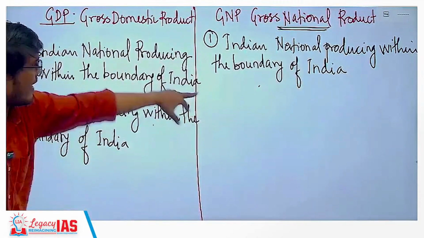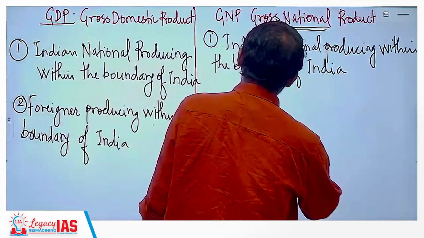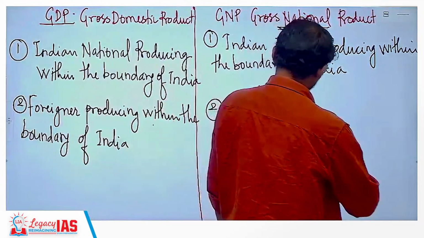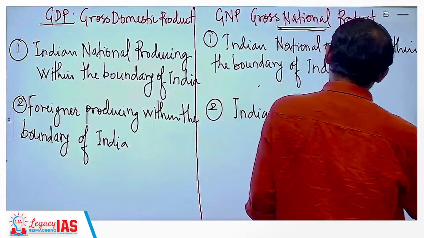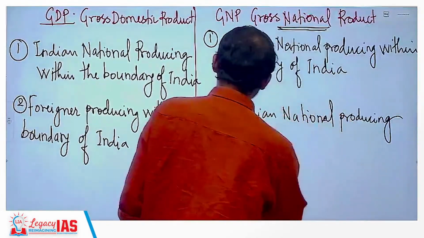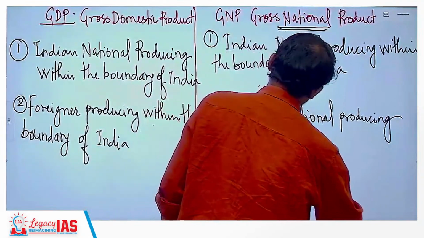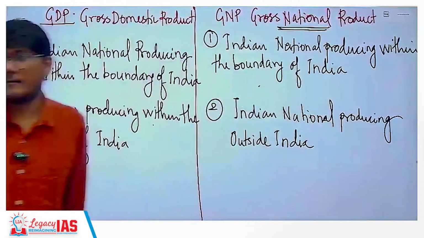Okay? Second component would be what? Indian national producing outside India. Correct?